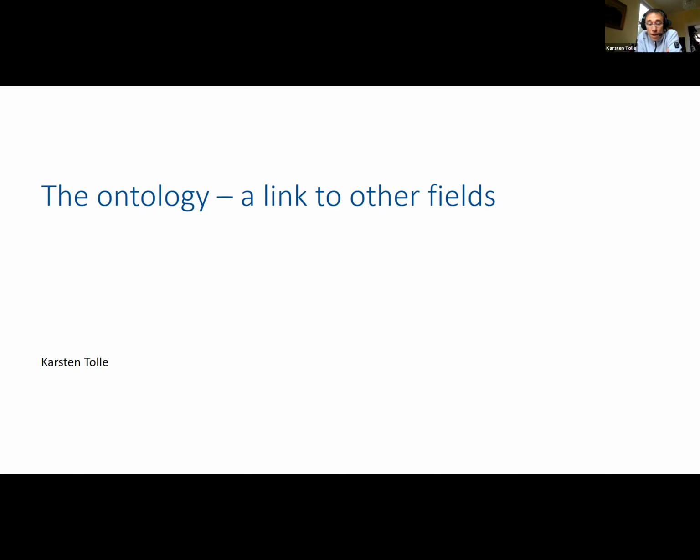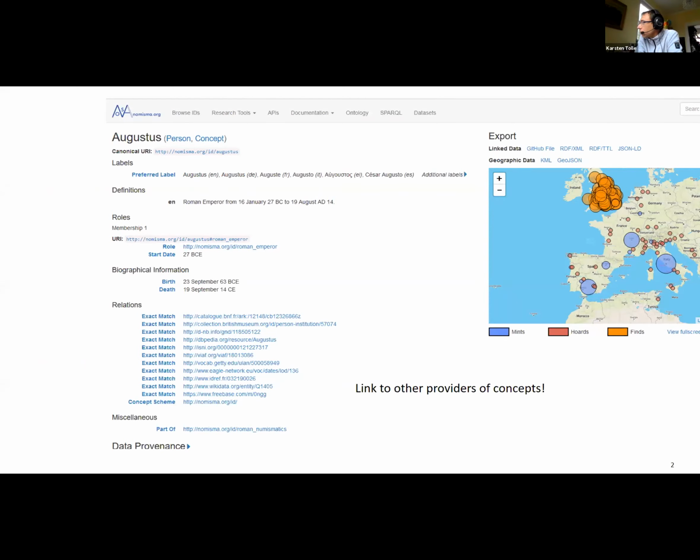So we start with the concepts, and as Andy already mentioned, we have a lot of connections and relations to other entities that produce those concepts. Whoever had a closer look at Andy's slides saw that there was not always an exact match here.